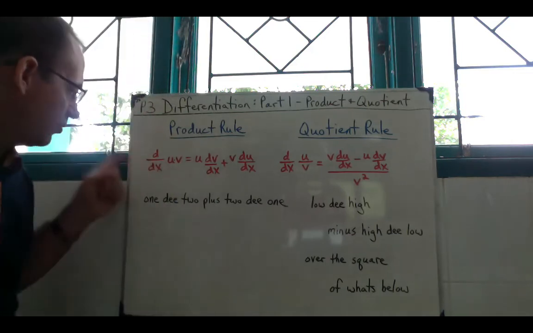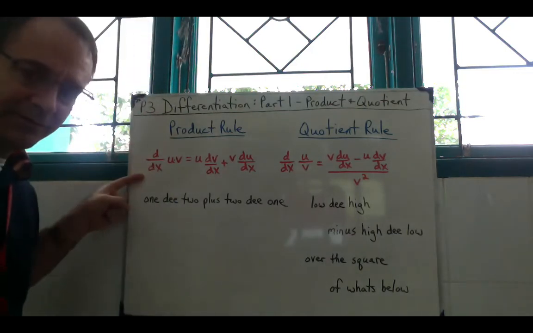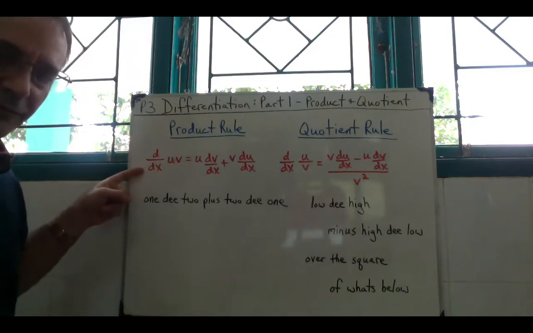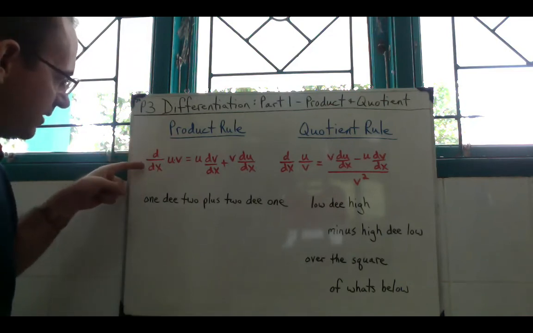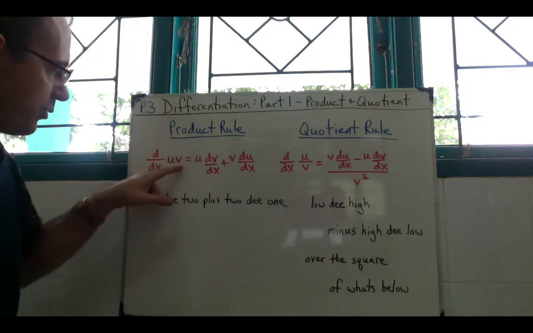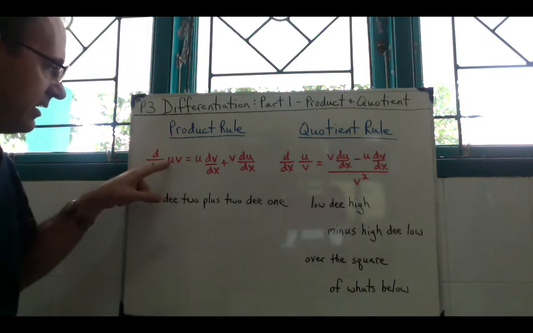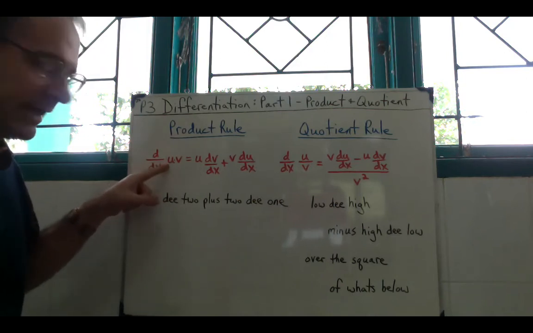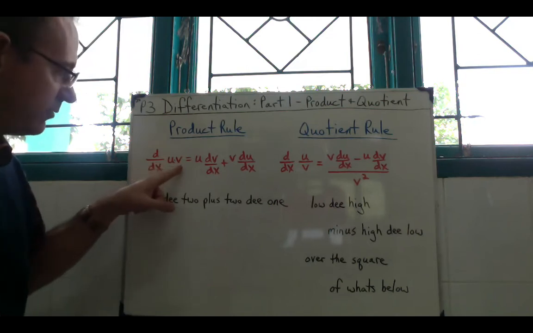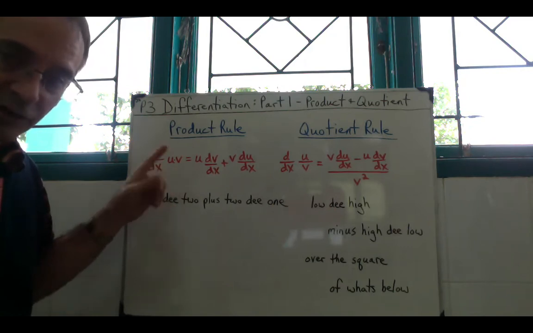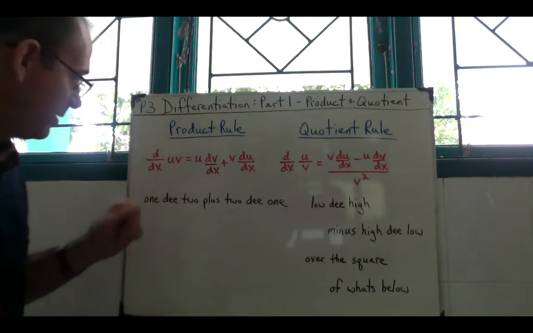So the product rule is doing the derivative. Here we're using our notation with the derivative in terms of x of a product, u and v. u represents the first term, and it's going to have an x in it. And v represents the second term, and it's going to have an x in it, or whatever your variable happens to be.